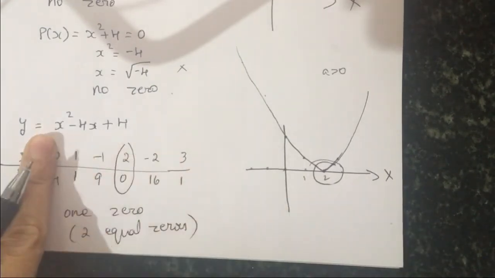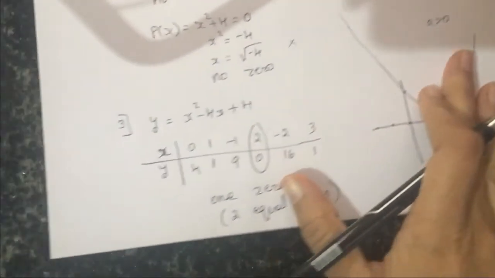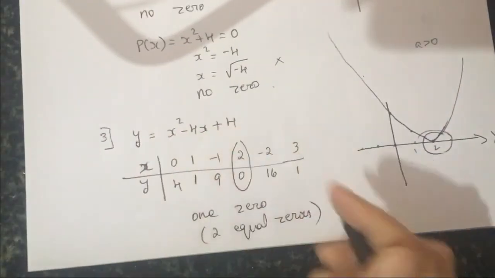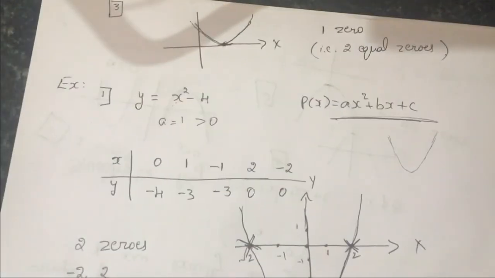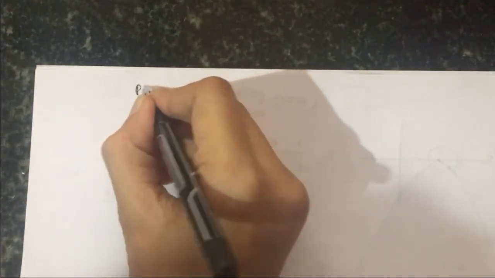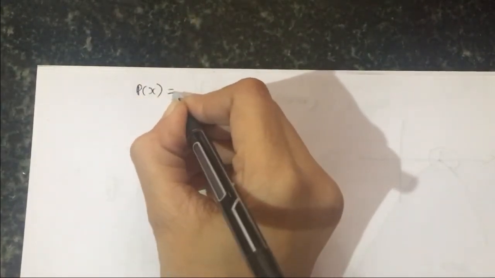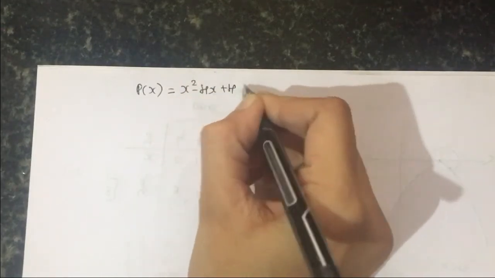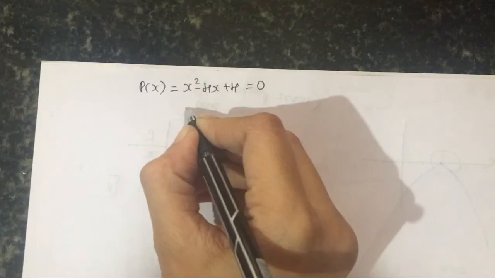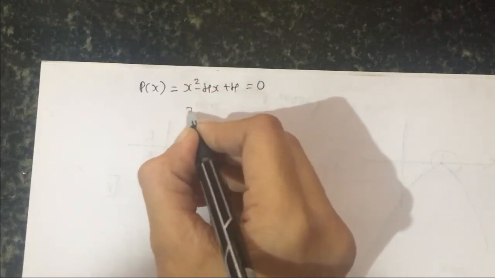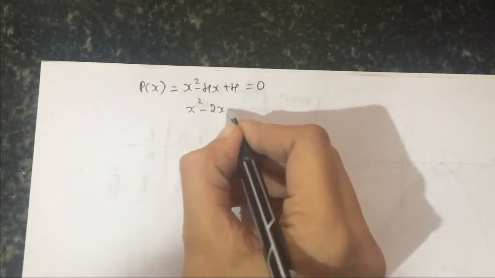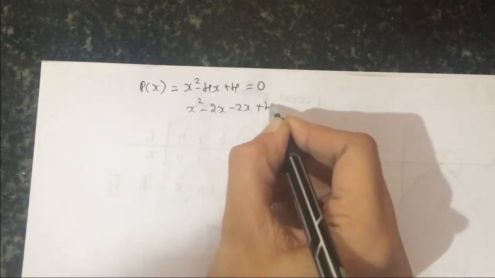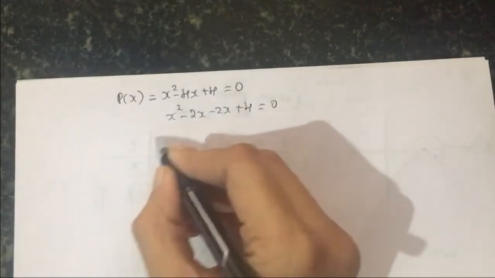You can solve and check it out. So you know x square minus 4x plus 4. To get the zeros, equate it to 0. This can be written as x square minus 2x minus 2x plus 4 equal to 0. Factorize them.